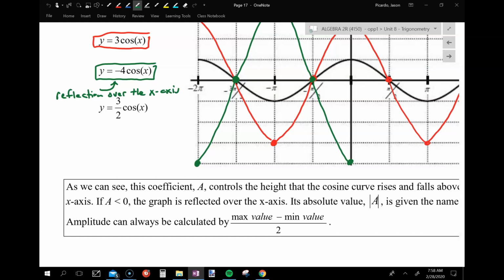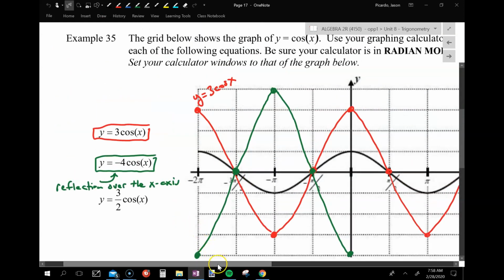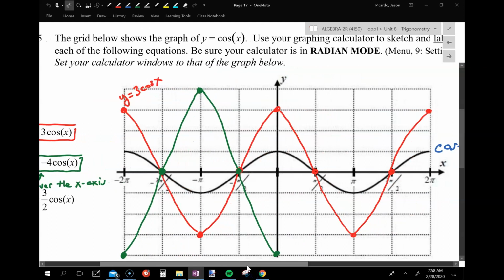All right, let me graph my other cycle here. My other cycle, boom, boom, boom. All right, and that we said was -4 cosine of x.